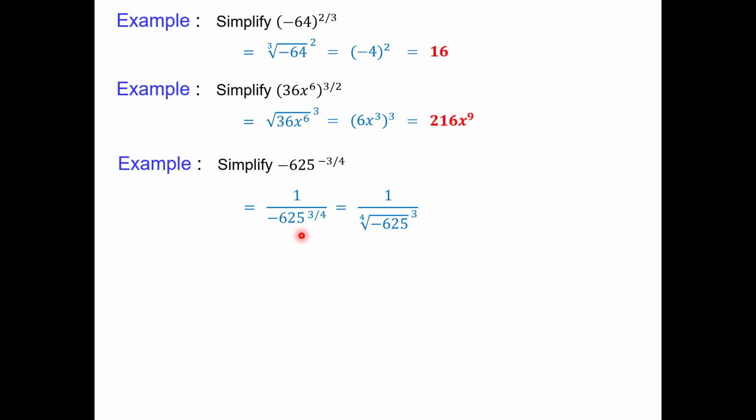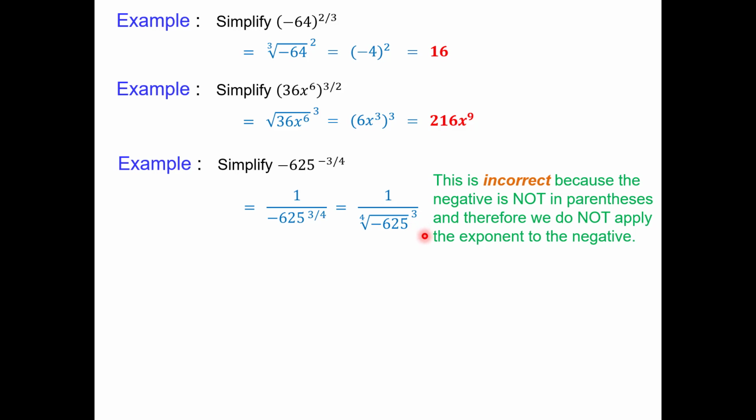So what the mistake might have been is if I keep going forward, I would think that this is the 4th root of negative 625 quantity cubed. But this is incorrect because there was no parentheses around the negative and the 625. So then if we fix this, it was really just a -1, and so the 625 had the negative exponent, so that moved to the denominator, and the negative sign came off of the exponent.